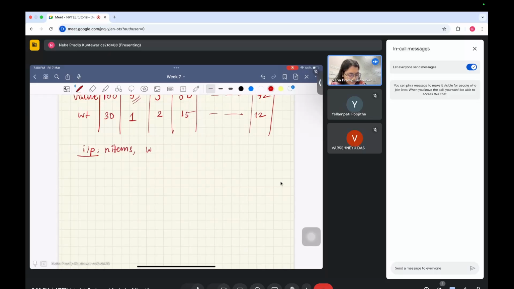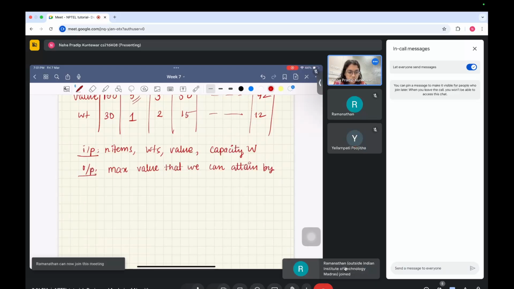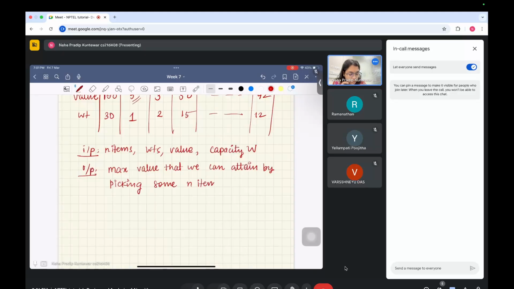They have some weights, they have some values, and there is a maximum capacity of W. And what you want to output is the maximum value that we can attain by picking some n items such that their total weight is still at most W.